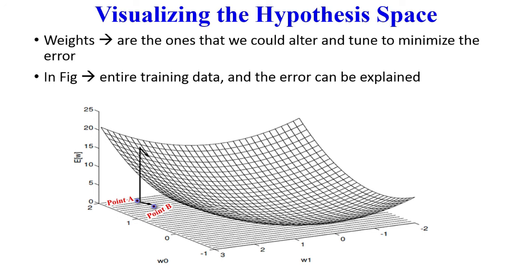After gradient descent took one step of optimization, the new set of weights at point B will be almost 0.0 for W0 and almost a certain value for W1, maybe minus 9.0.